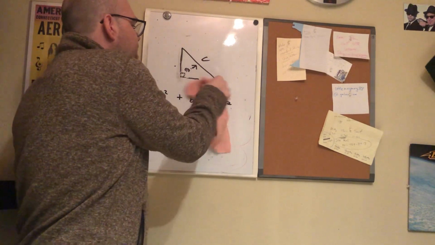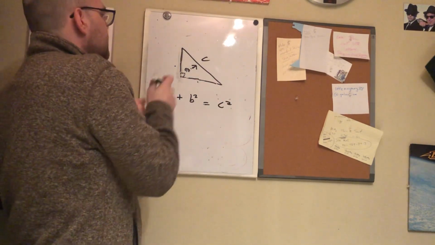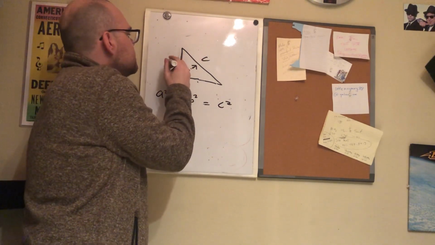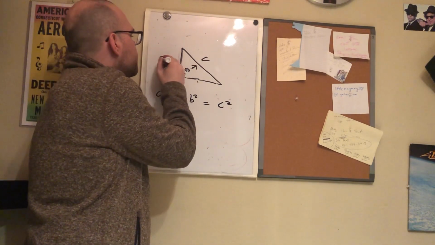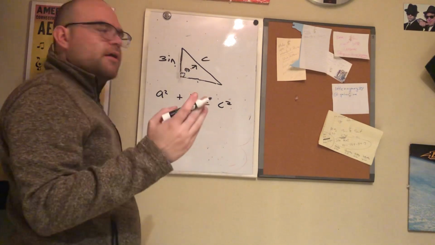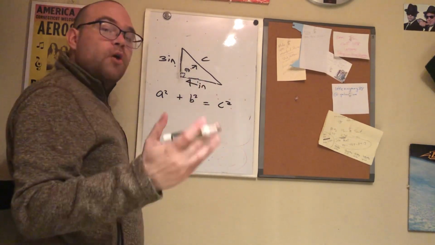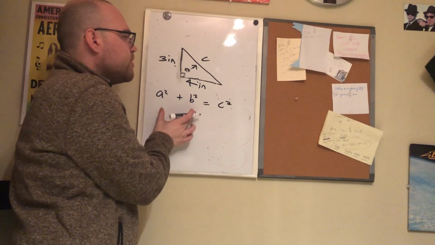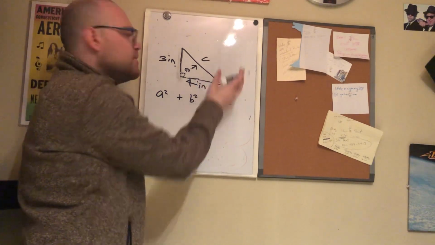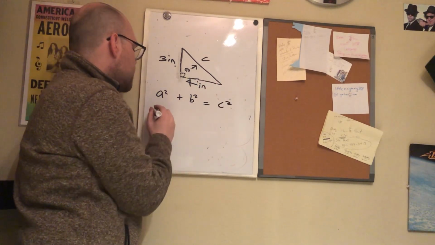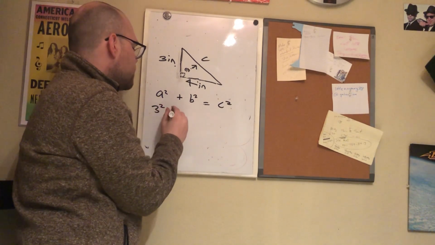So let's say they give us the values of A and B. So let's say we have an A, and let's say that A is 3 inches. And we have a B of 4 inches. What we're going to do is we're going to use Pythagorean theorem to determine the value of our C variable. So A squared is going to be our 3 squared.